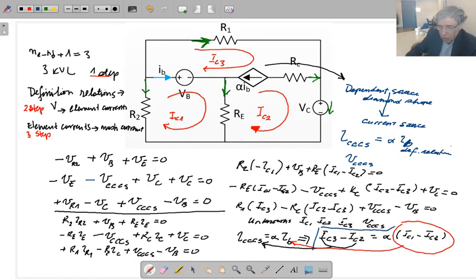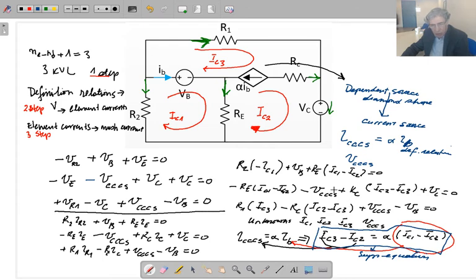Now this is the supplementary equation. So we could say that now here these are the unknowns.